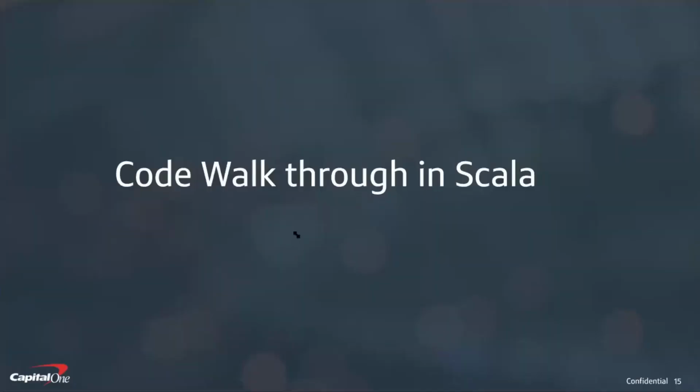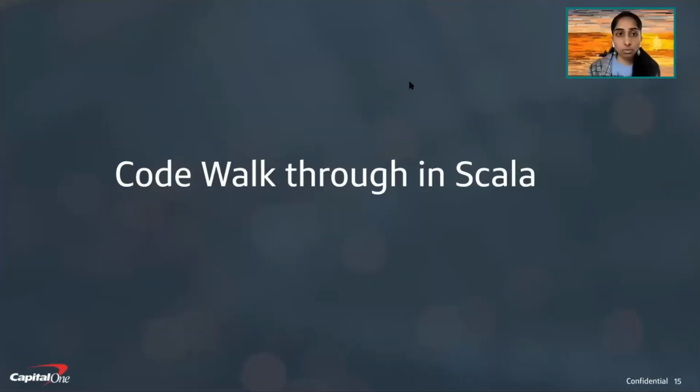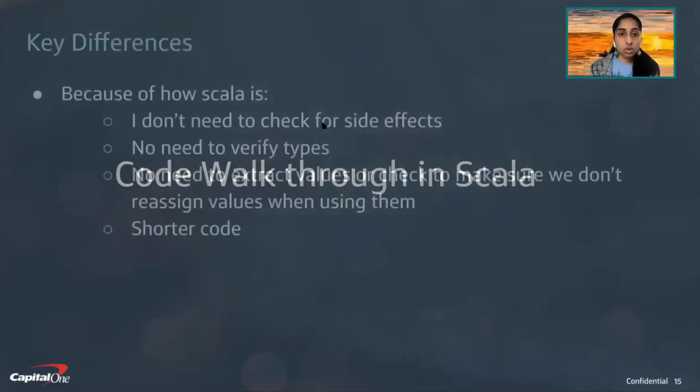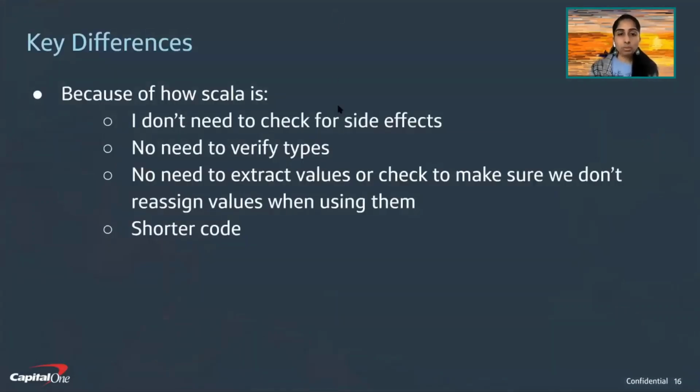Awesome. Okay. So now I'm going to compare and contrast the Scala code and the Python code. The key differences are that, as I'm sure you've noticed, the Scala code was less verbose, more concise, and visibly smaller than the Python code.